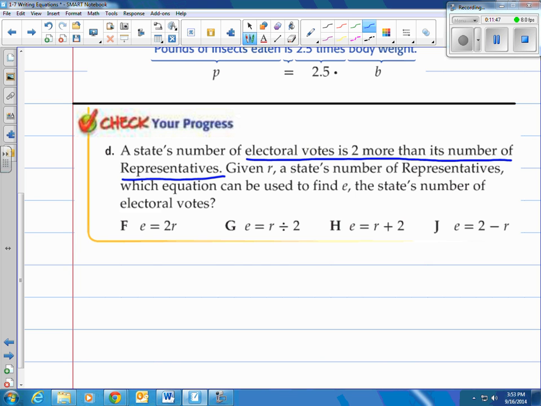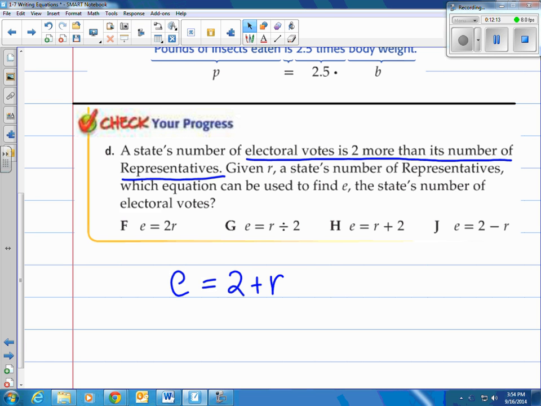So if they give you the R, and they say that's the representatives, the electoral votes are 2 more than that. So the electoral votes are going to be 2 more than the representatives. Let's look at those equations.